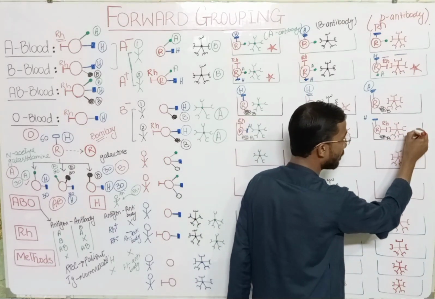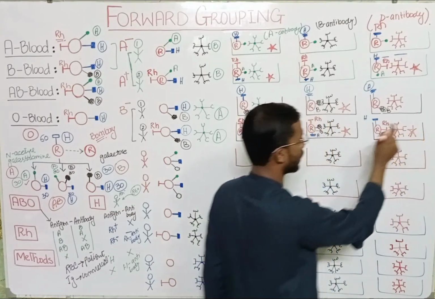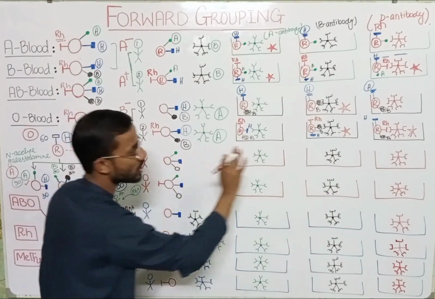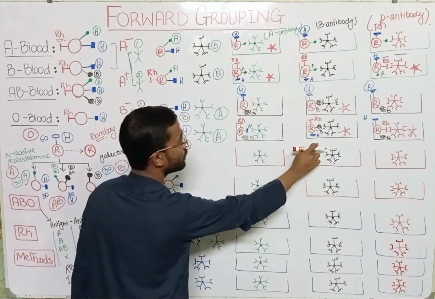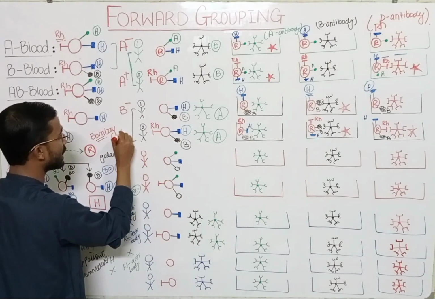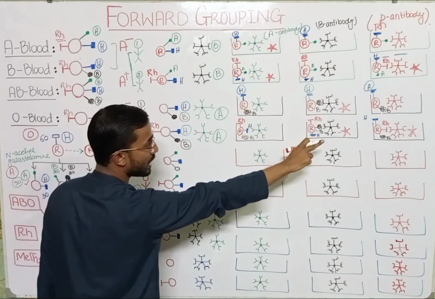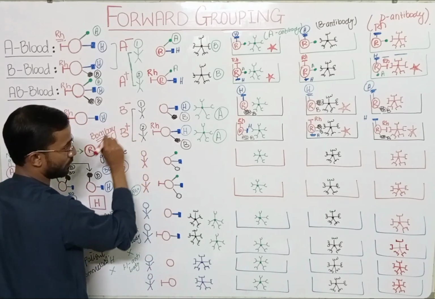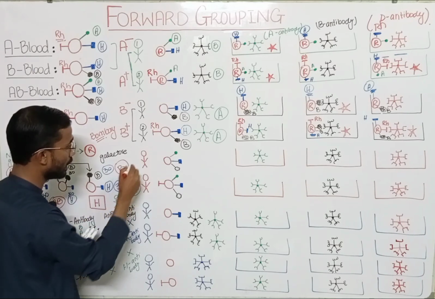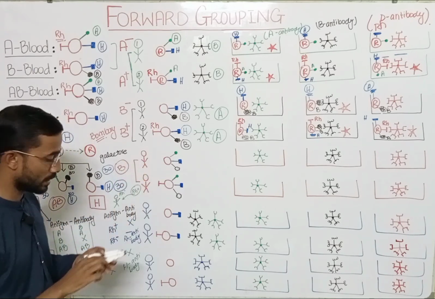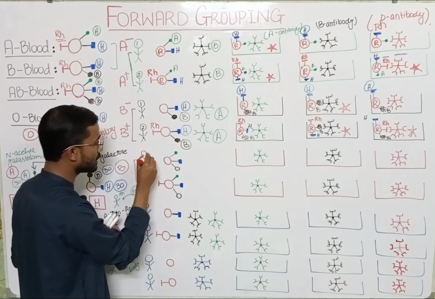Same case, so you will see the agglutination. So you see the agglutination in second and third. On the basis of second, where we add the B antibodies, I declare it B, and last case I declare it positive, B positive.